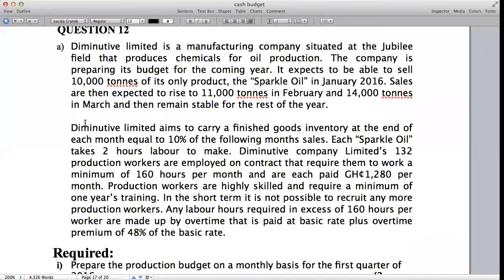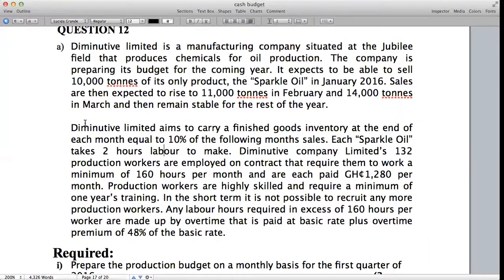If we continue, it says the workers are employed on contract that requires them to work a minimum of 160 hours per month. So each of them will work for 160 hours.